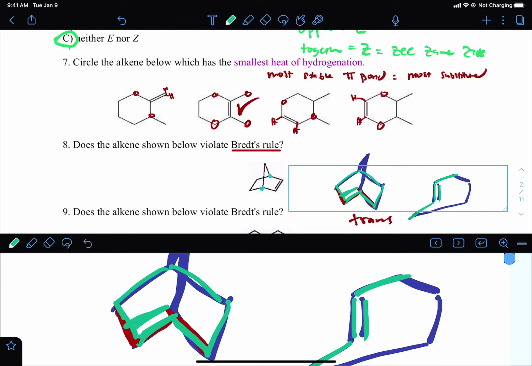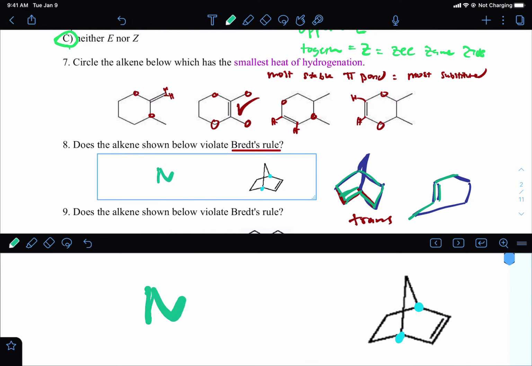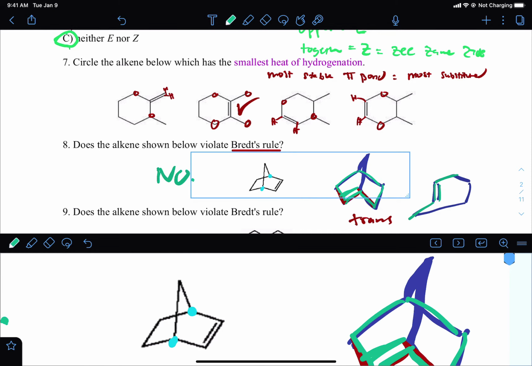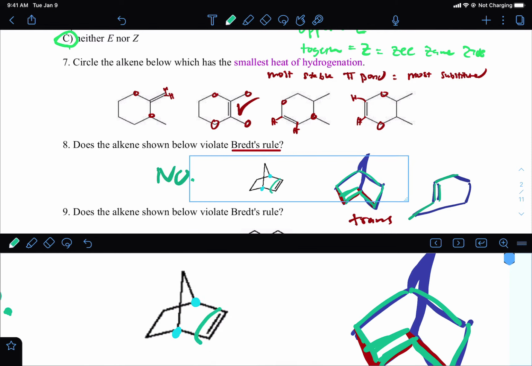So the answer to this question is no. This does not violate Brett's rule because our molecule does not have a double bond on a bridgehead carbon. Okay, piece of cake. If you know what Brett's rule means. Okay, very easy to spot.